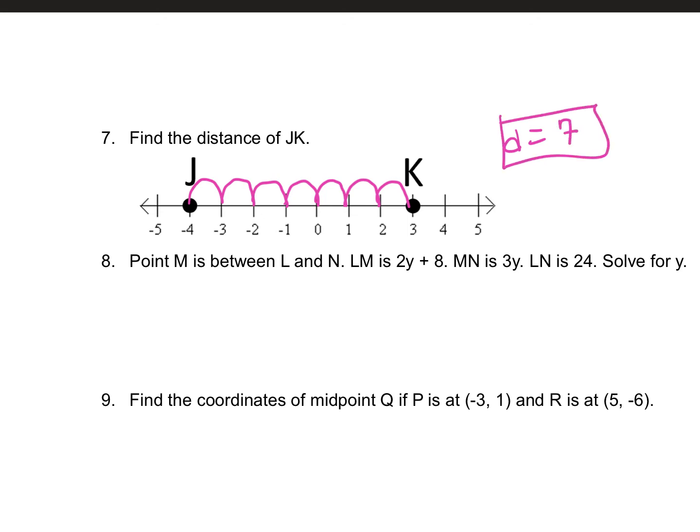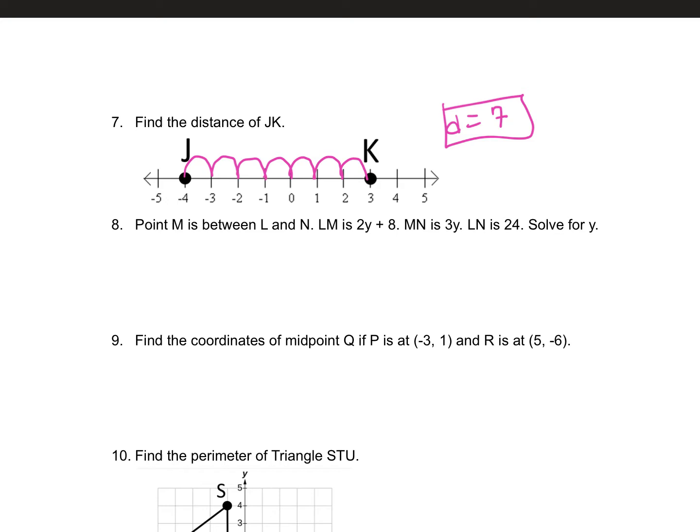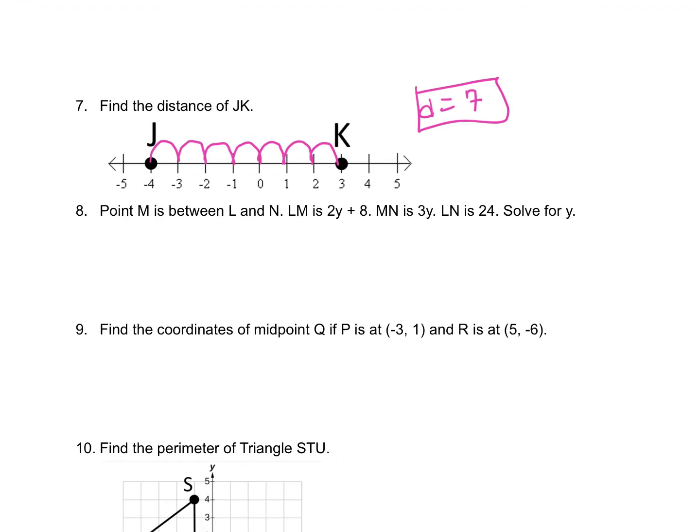All right. Now it says to find point M is between L and N, and LM is 2y plus 8, and MN is 3y. If LN is 24, solve for y. So the first thing we need to do here, y'all, is we need to draw our diagram. And so we are dealing with something that's going to look like this.